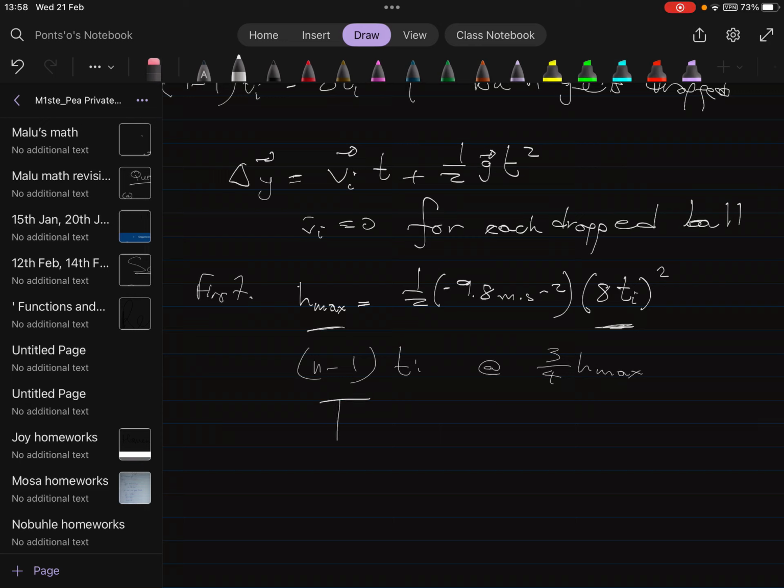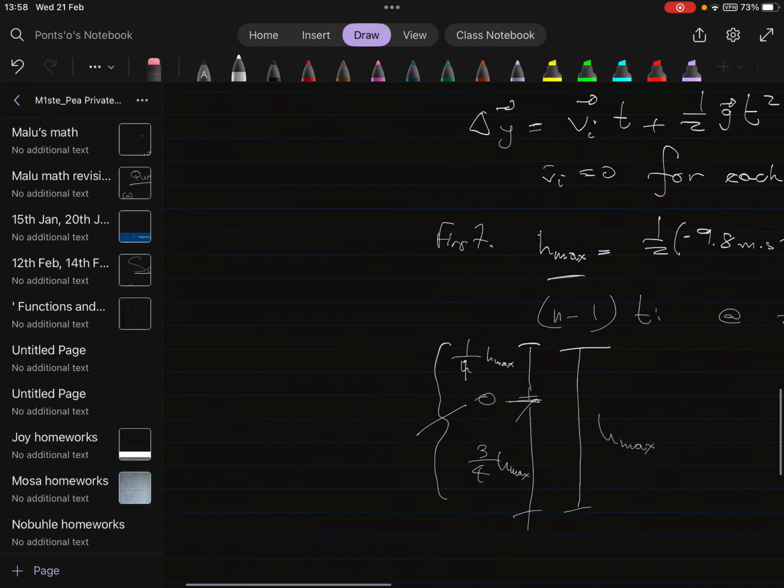So for h max, and it's at 3/4, it must have traveled a quarter of h max. This is now the nth ball.